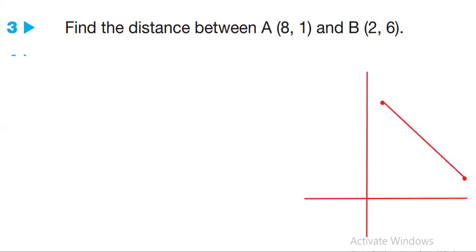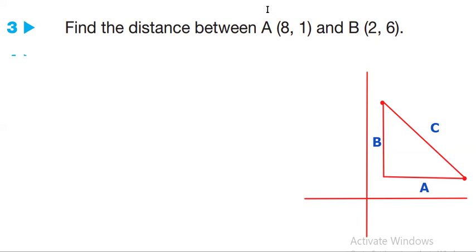So basically, you're going to subtract the X's to find this line, and then subtract the Y's to find this line. The first line you're trying to find, we're going to call it A, and the second one, we're going to call it B. So you're going to subtract the X's to find A, subtract the Y's to find B, and then use them in Pythagoras to find C. That's the whole idea of finding the distance.